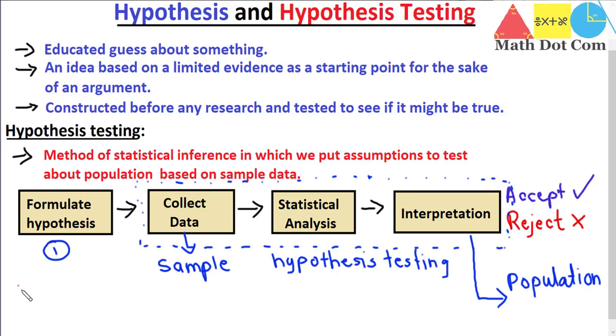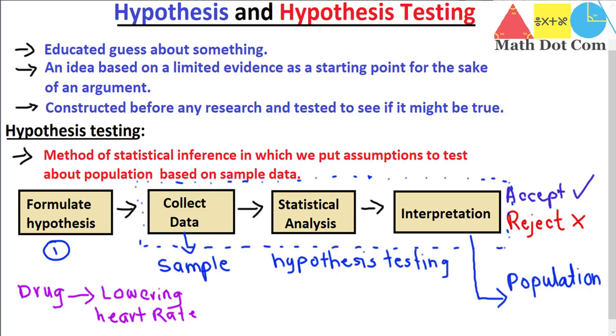So if I write here, we will test whether the drug has an impact on lowering the heart rate or not. A very important thing here is we must have at least one dependent and one independent variable in the research hypothesis.